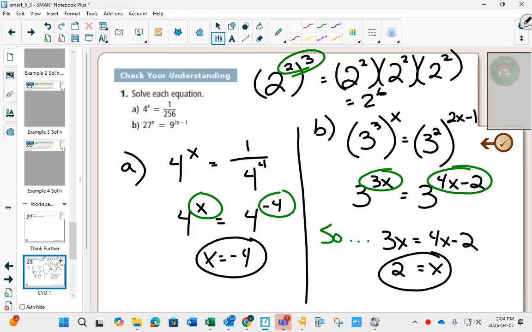If you were to just write 3x equals 4x minus 2, are you required to write "so"? No, but we're technically not doing something mathematically here. We're doing an observation that's obvious, but not mathematically on an equation, where what you do to one side, you need to do to the other side.